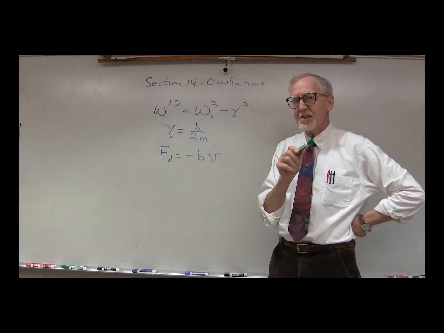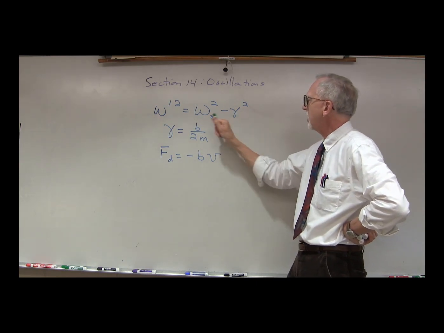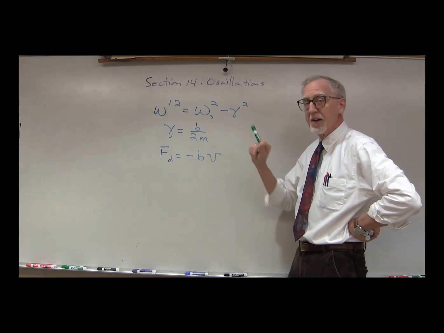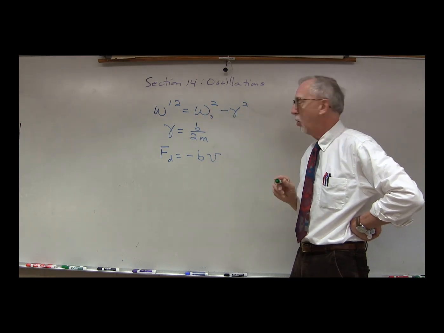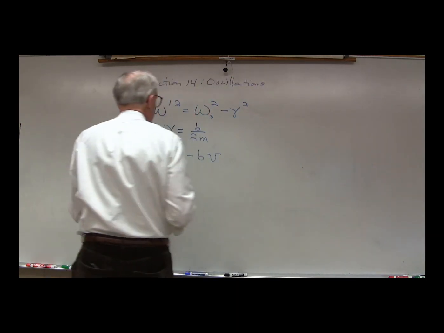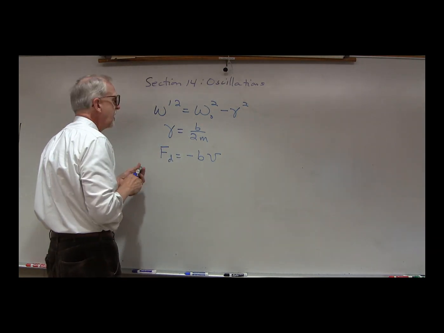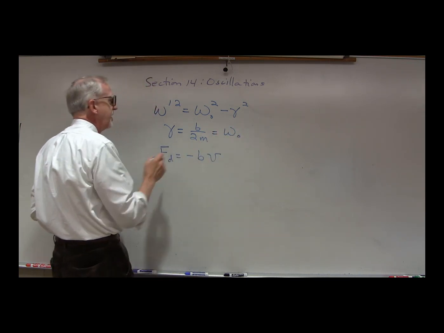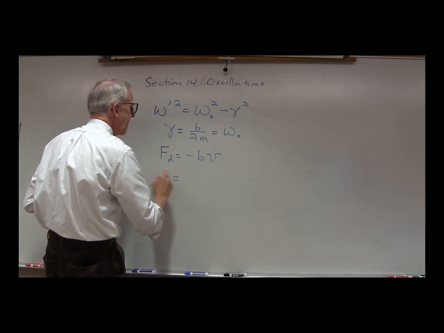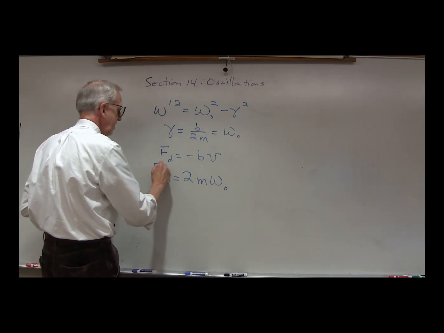Okay, I'll come back to that in a second, but let's figure out what the value of gamma would have to be. For gamma squared to be omega naught squared, gamma would be equal to omega naught, and what would we have? We would have gamma equals b over 2m equals omega naught. In other words, b would have to be as large as 2m omega naught.